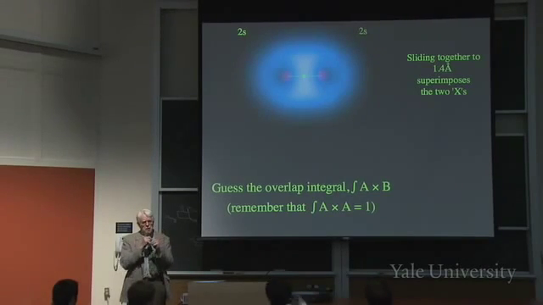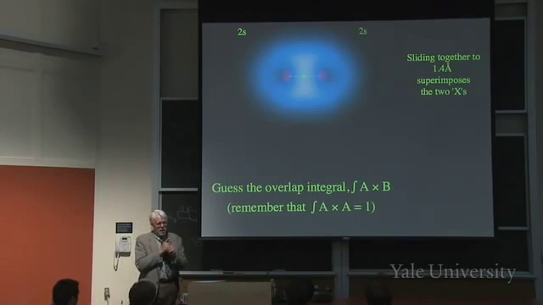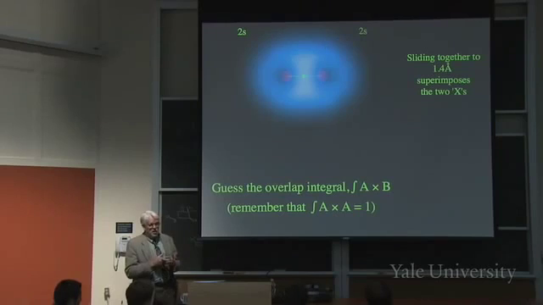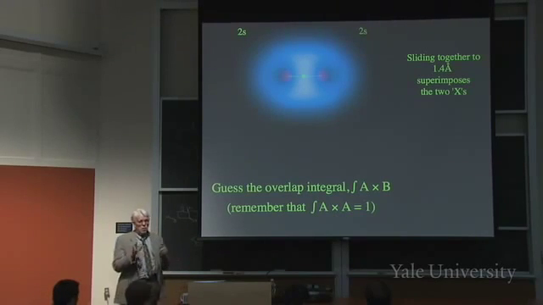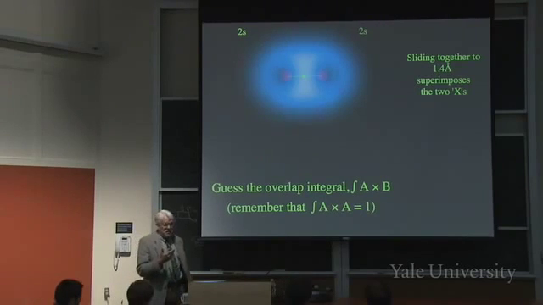So if we pulled them all together, then A and B would be measured from the same center, so it would be the same thing as A squared. So what would the integral of A squared be over all space? 1. That's normalization. So the maximum value you can get when they're right on top of one another, negatives multiply negatives to give positive, positive areas multiply positive areas to give positive. Everything is optimum, it's going to be 1.